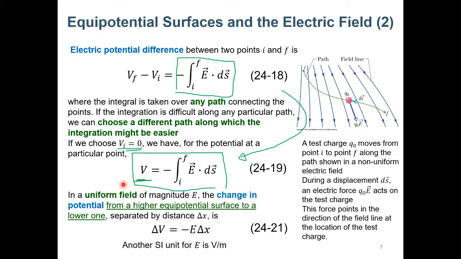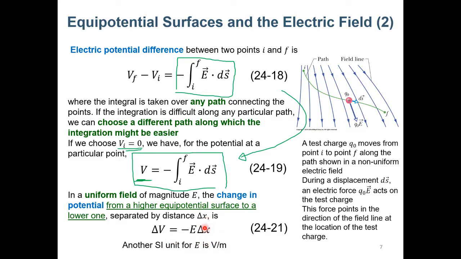If an integral just integrates a constant, it's simply a multiplication, something like this. And the SI unit for electric field can also be written as V over M, because the SI unit for voltage is V, of course, and delta X is meter.